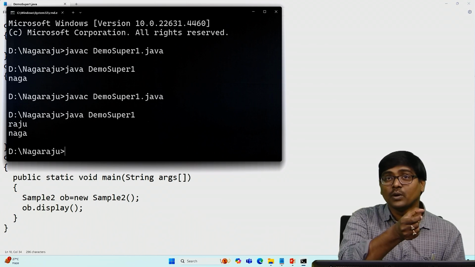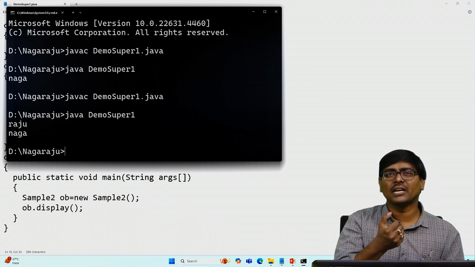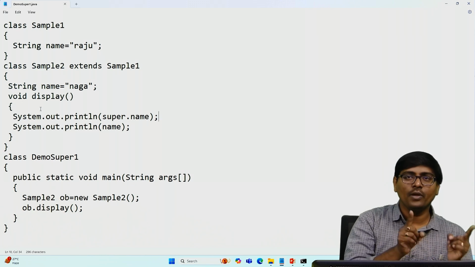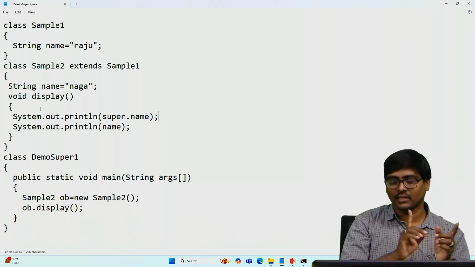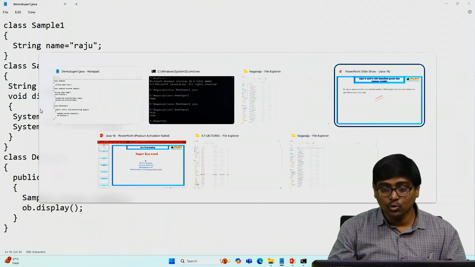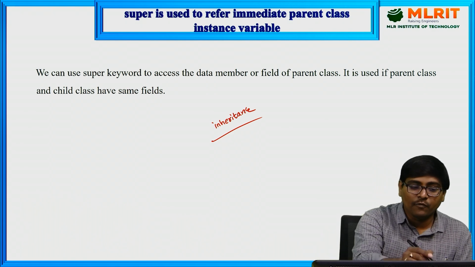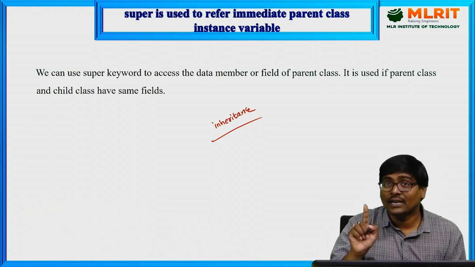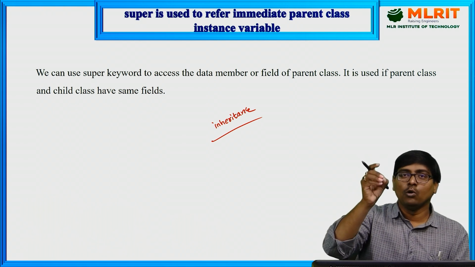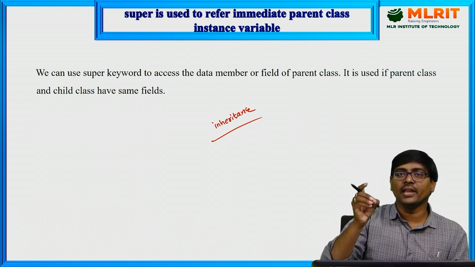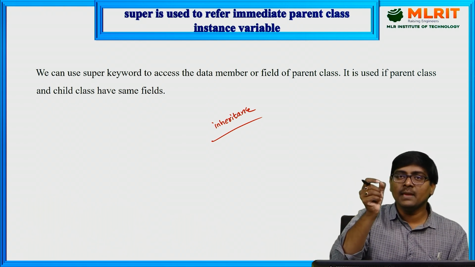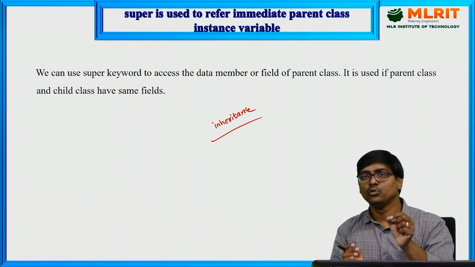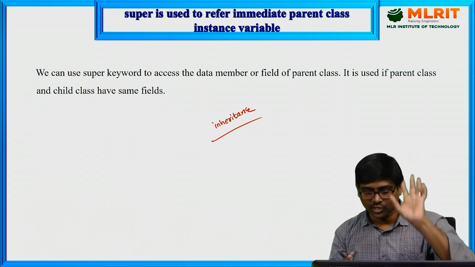Now the first one is the parent class name, the second one is the child class name. Clear? In this way we use the super keyword. This is the first use of super, to refer to the parent class instance variable. The situation is that if both the parent class and child class have the same variable name, to avoid ambiguity, we use super with the parent instance variable.